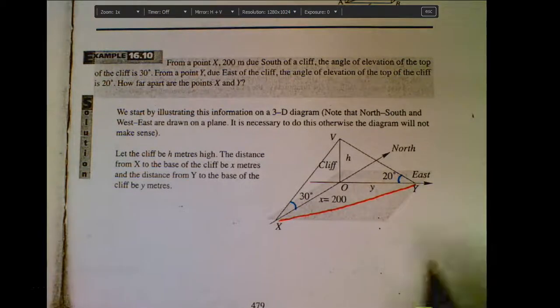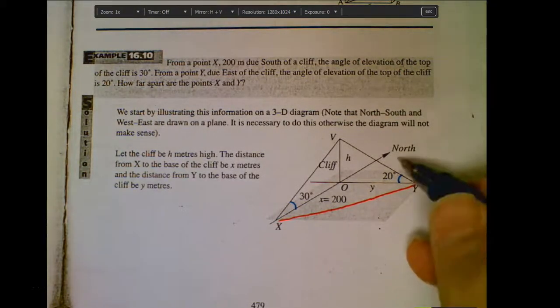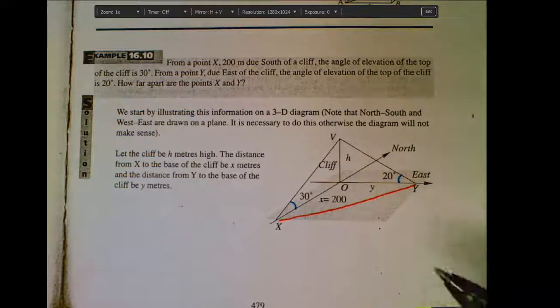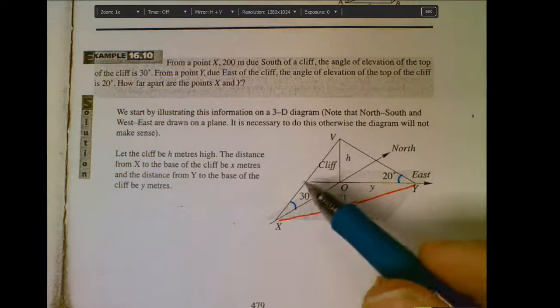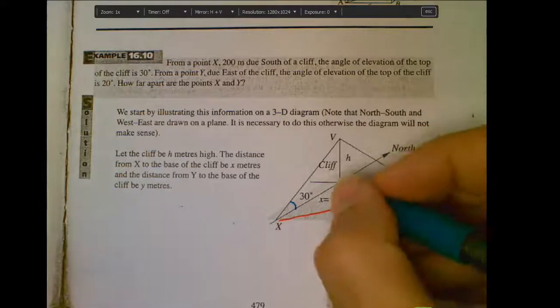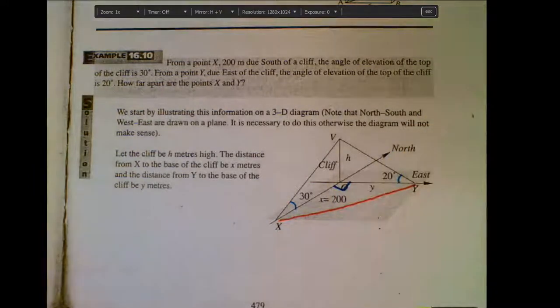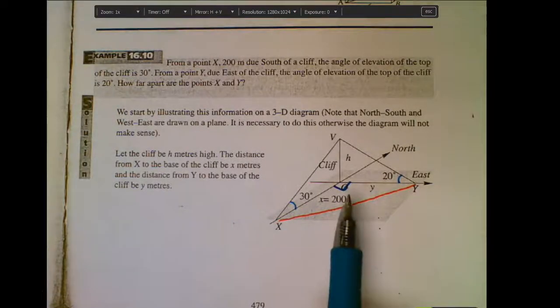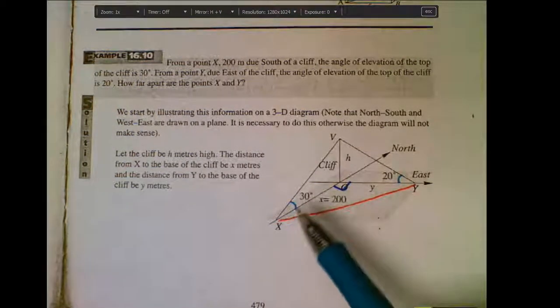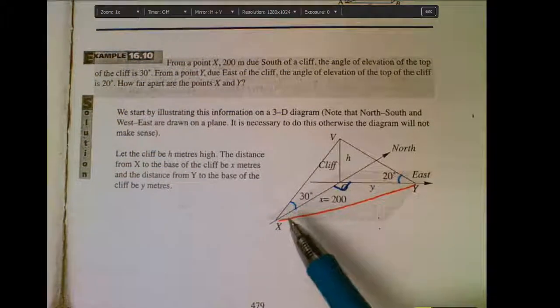One thing I did mention again is anything running north and south compared to east and west, we need to understand that would naturally be a right angle because those are perpendicular lines. So I do have a right triangle right here. Notice that I know this is 200.